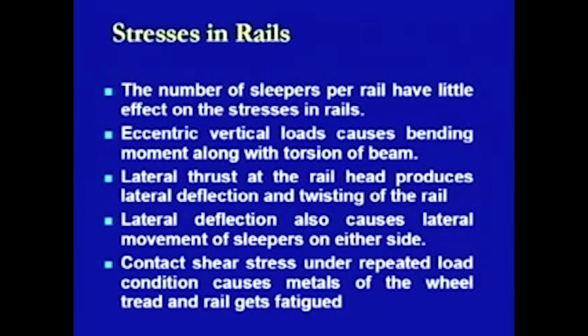And when the repeated load conditions are there, then there are all chances that it may cause some type of wear or tearing of the surfaces. This wear or tearing may be on the surface of the rail head, or on the side of the rail head, or on the flanges of the wheel, or finally, when this type of behavior keeps on going, it may culminate into the fatigue condition.